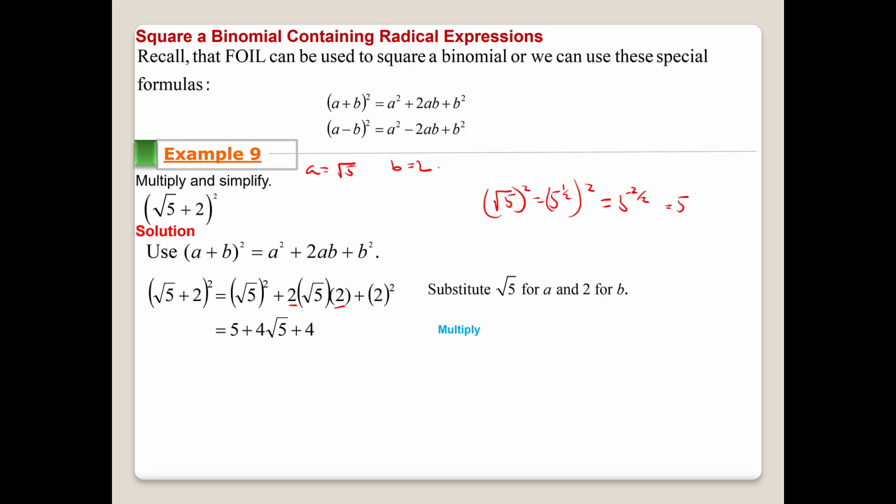And that's how we got this 5 right here. And then, as I said, we have 4 square root of 5 plus 4. So let's combine like terms. 5 plus 4 is 9. And then we still have our 4 square root of 5, and that's simplified as far as you can go.